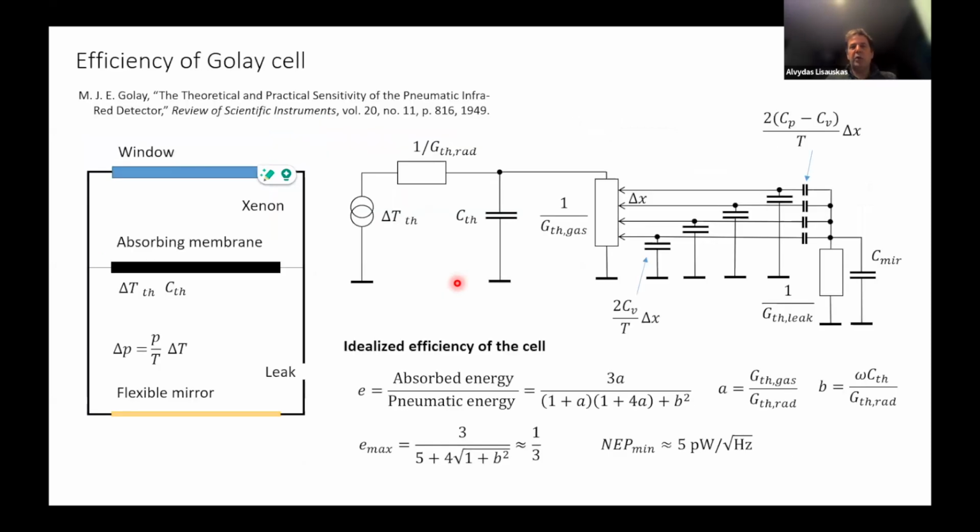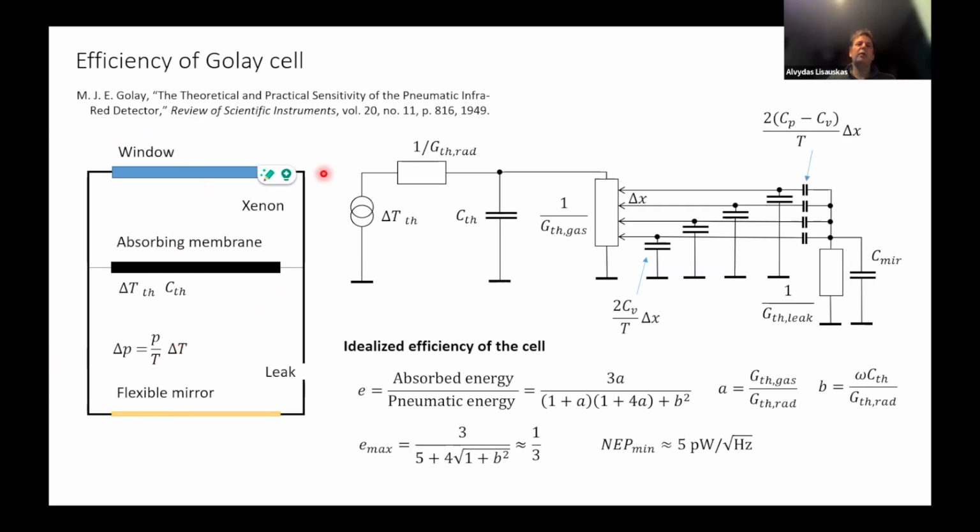The Golay cell, like in the original paper of Golay in '49, can be very nicely simplified to a picture. We have a window, we have an absorbing membrane with a thermal capacity, and then we have a change of the gas, where delta P, the change of pressure, is proportional to the change of temperature.